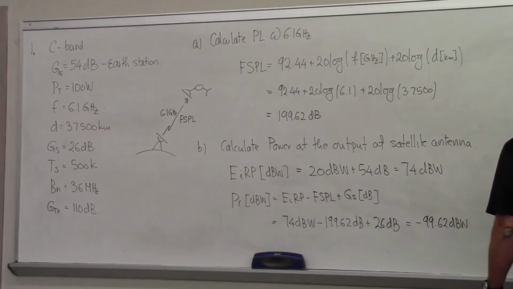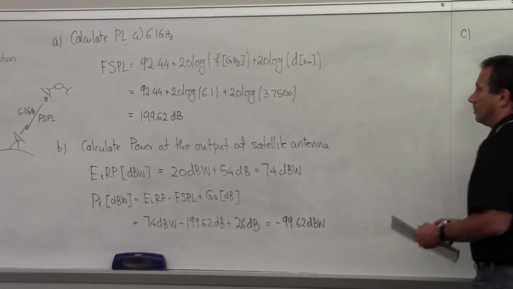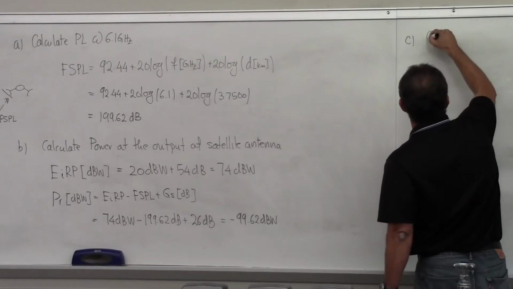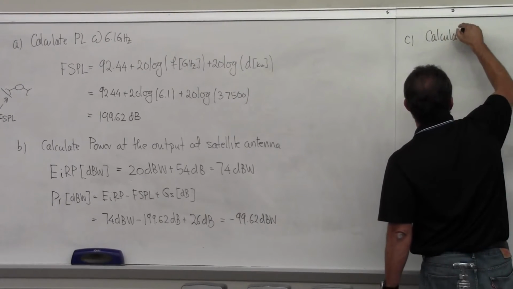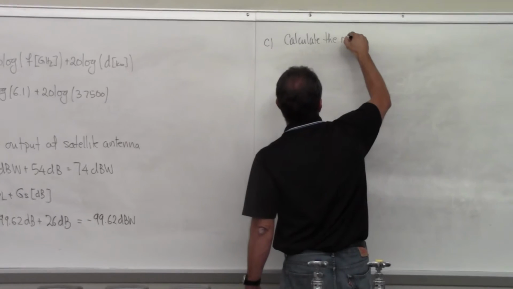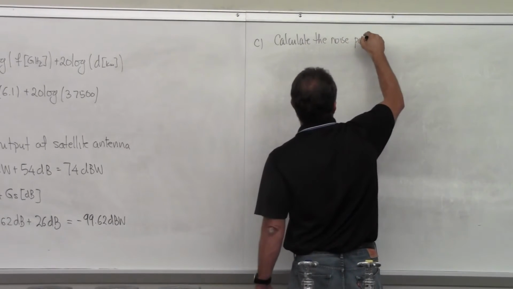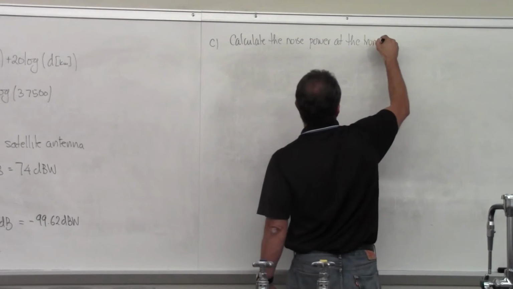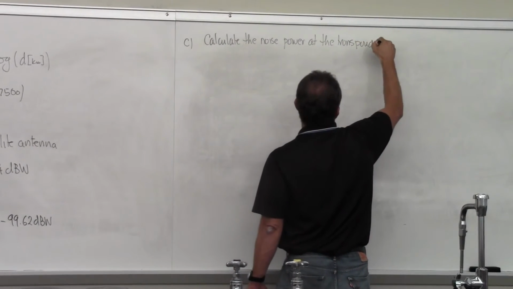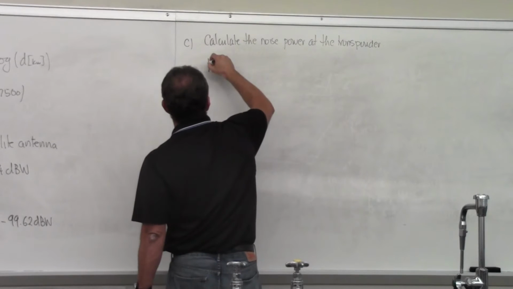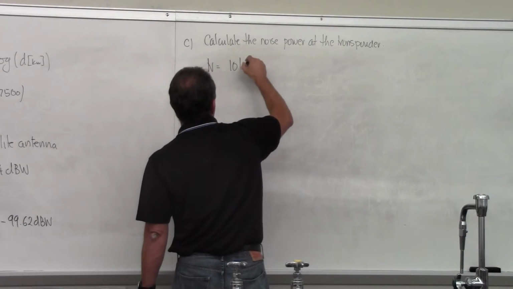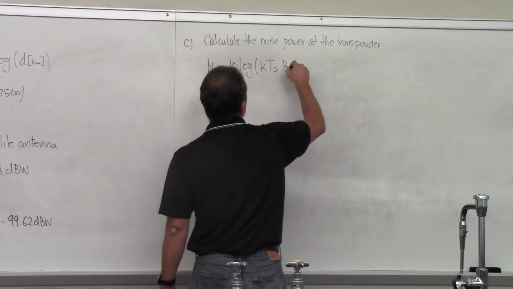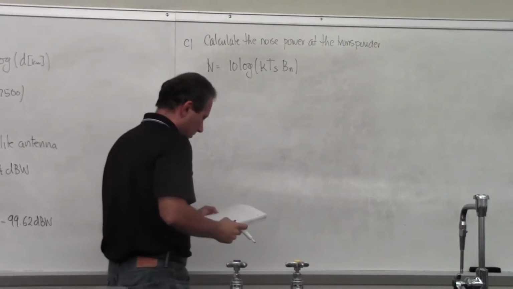And then part C. Part C says calculate the noise power at the transponder. The noise power at the transponder is going to be 10 log of k times T system times the noise bandwidth of the transponder.